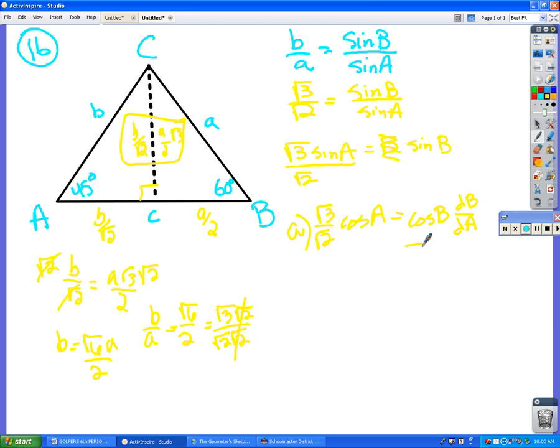And then to solve for dB/dA, I divide both sides by the cosine of B. So those cancel. So dB/dA equals root 3 cosine of A over root 2 cosine of B. So that's the answer to part A.